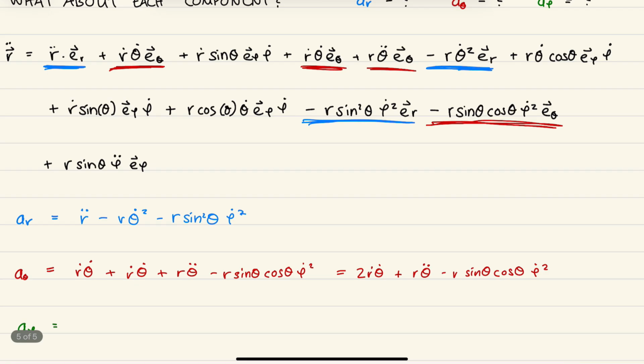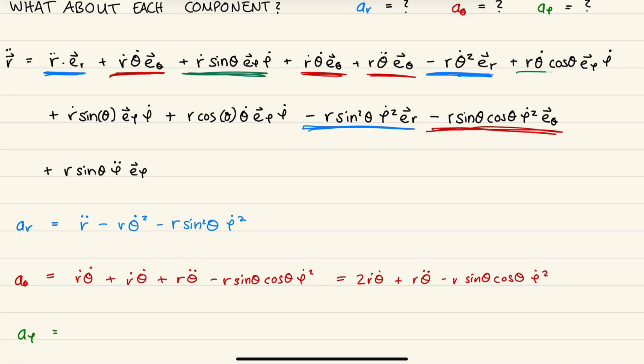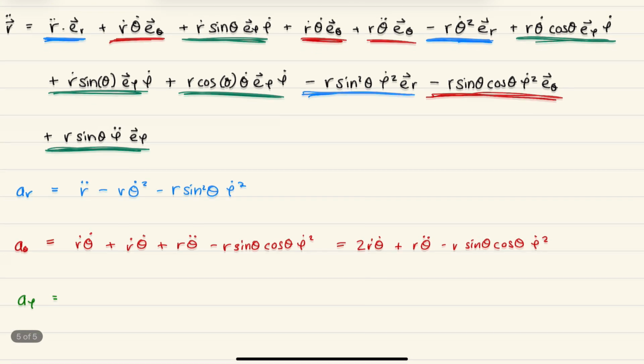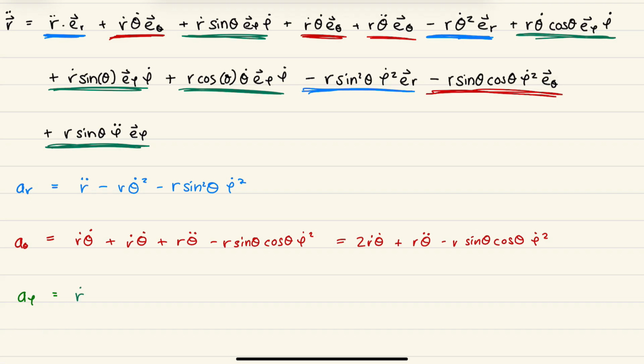And lastly, for the phi component, we find that all of these other terms contain phi unit vectors, and collecting their scalar factors, we get r dot sine theta phi dot plus r theta dot cosine theta phi dot plus r dot sine theta phi dot plus r cosine theta theta dot phi dot plus r sine theta phi double dot.